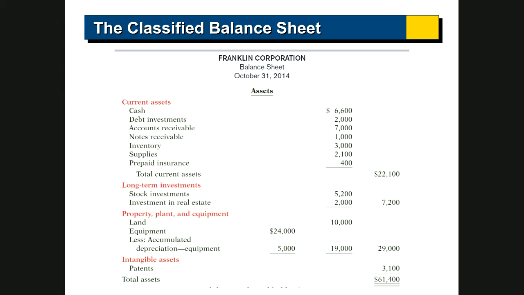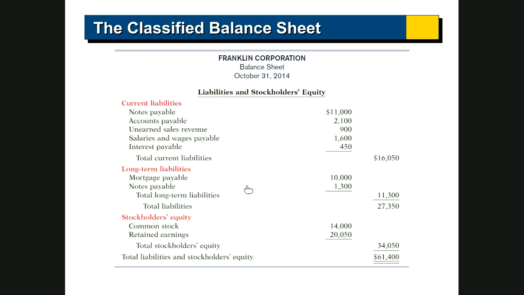So here is a balance sheet which is showing the current assets, the long-term investments, the property, plant, and equipment, and intangible assets. And on the other side, the balance sheet is showing liabilities and stockholders' equity.